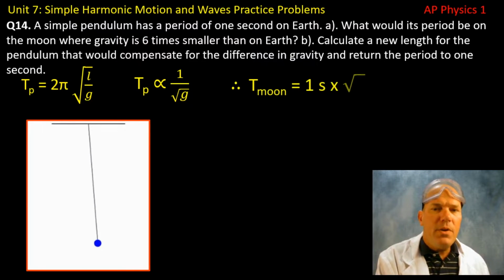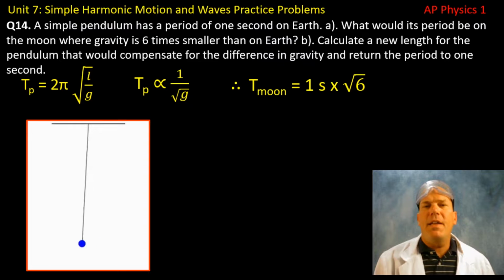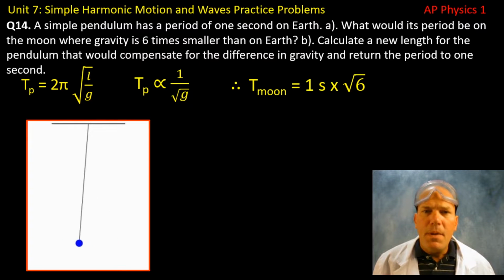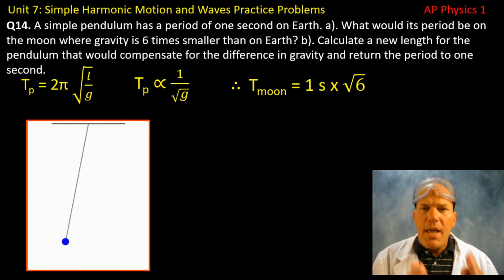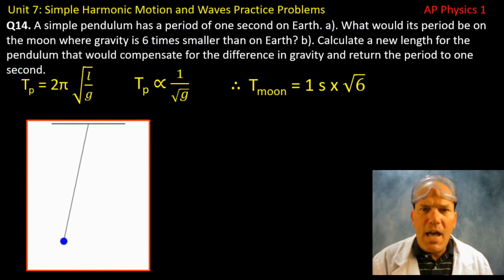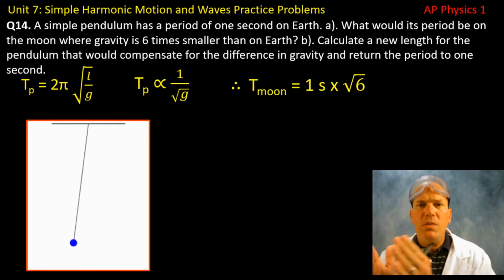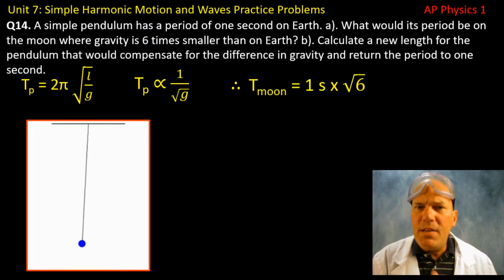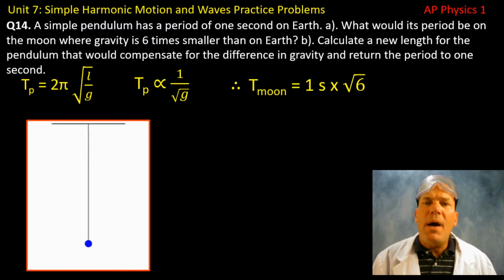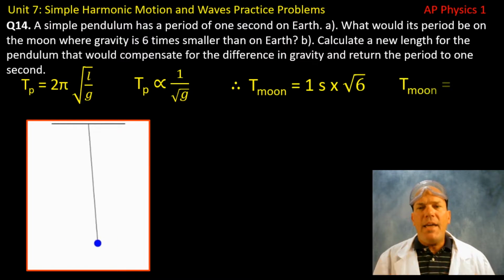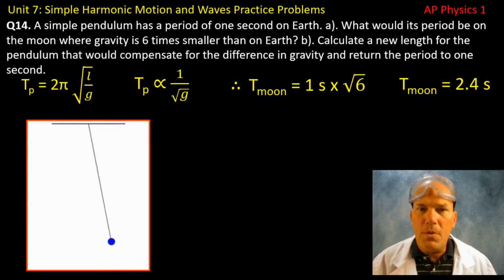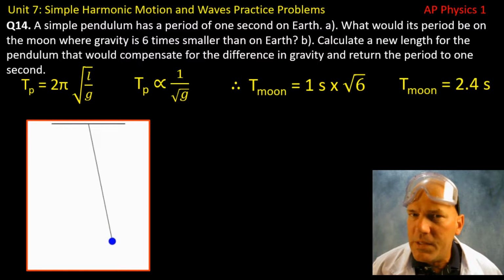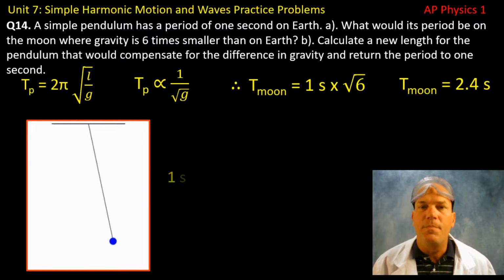So the period on the moon we can find to be going up by the square root of 6. Again, as the value in the denominator goes down, the period goes up. So we're going to be increasing the period by the square root of 6. That gives you an answer of 2.4 seconds. So this pendulum on the moon would take 2.4 seconds to complete a cycle.